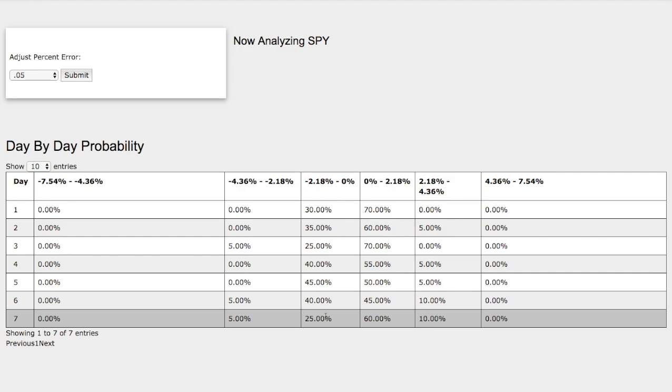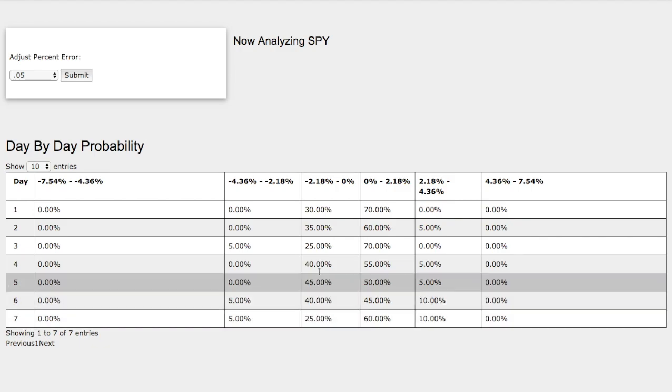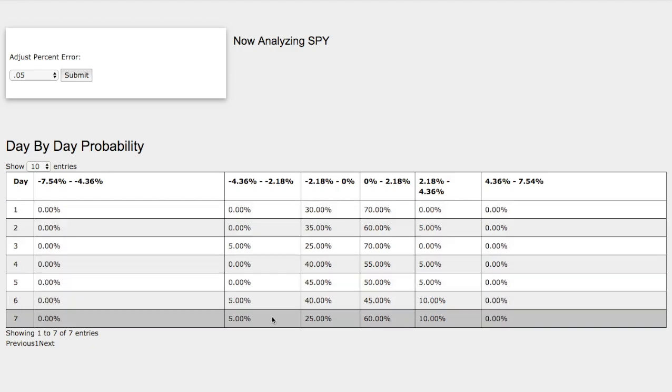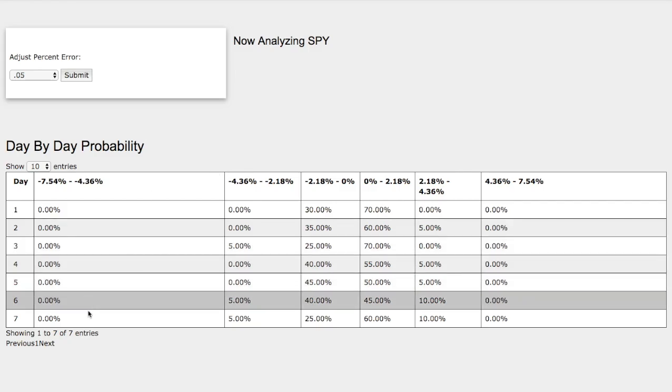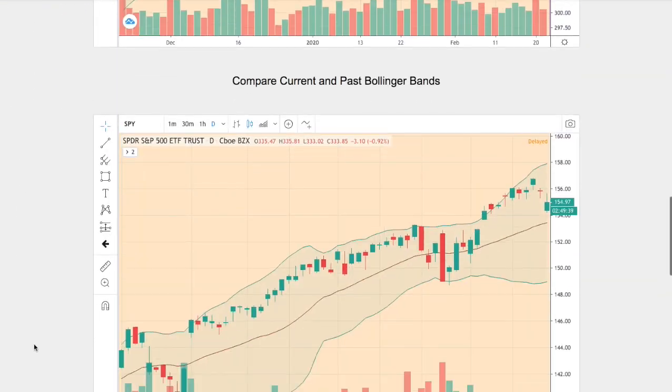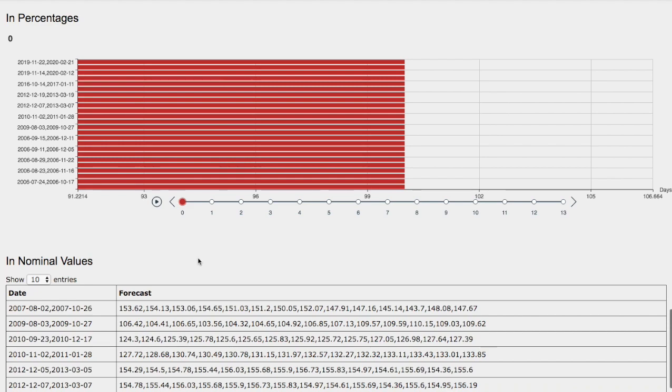And as for the downside, we have a 25% chance for the S&P 500 to slowly drift lower between 0 to 2% down. And in an extreme case, we have a 5% chance for the S&P 500 to fall between 2% and negative 4%.